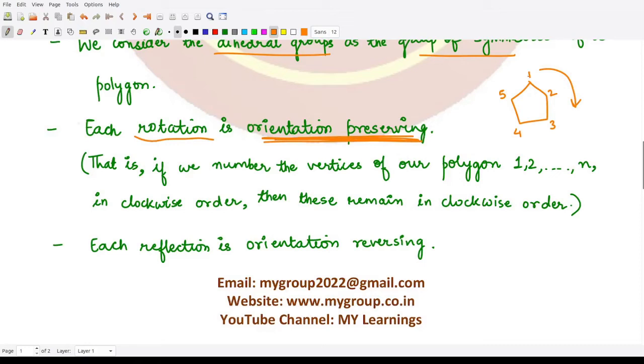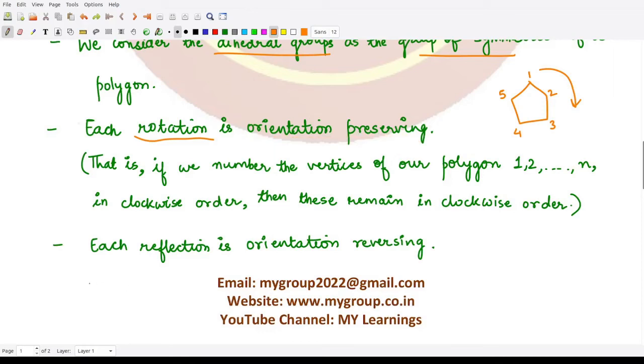That means 1 would be the element coming before 2, 2 would be the element coming before 3, and so on. This order would not change, this orientation would not change, however their positions would change. That is, the vertices of a polygon labelled 1 to n in clockwise order remain in clockwise order; their order does not change during rotation.